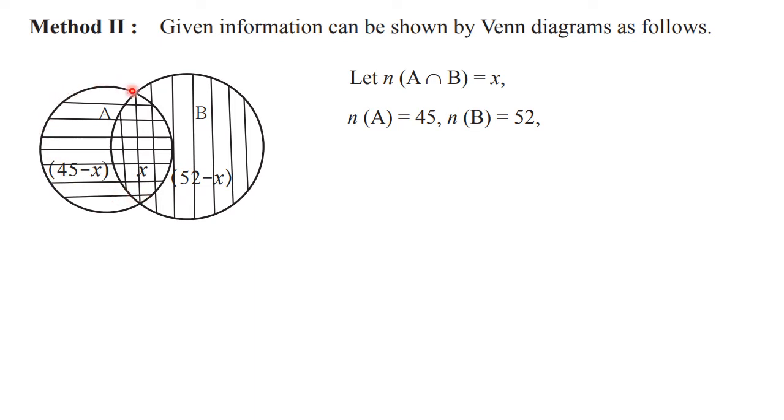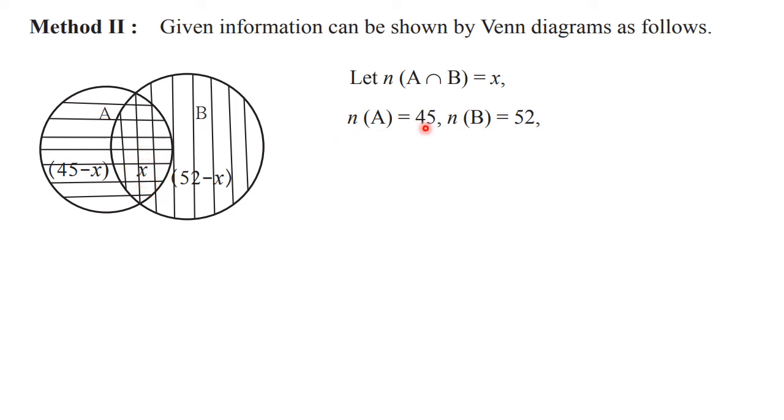See, the first circle shows set A, that means the number of students who play cricket. The second circle is set B, which denotes the number of students who play Kho-Kho. And the intersection part, that means the number of elements in the set A intersection B, is X. That means this common part here is X. So you can see X is written here.